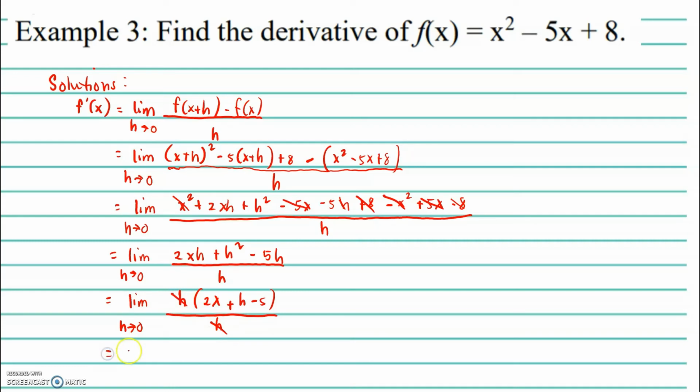Divide out h, so we are left with the limit of 2x plus h minus 5 as h approaches 0. So f prime of x is equal to 2x plus 0 minus 5. So we have here 2x minus 5. Now that is already your derivative. So f prime of x, or the derivative of f of x equals x squared minus 5x plus 8, is 2x minus 5.